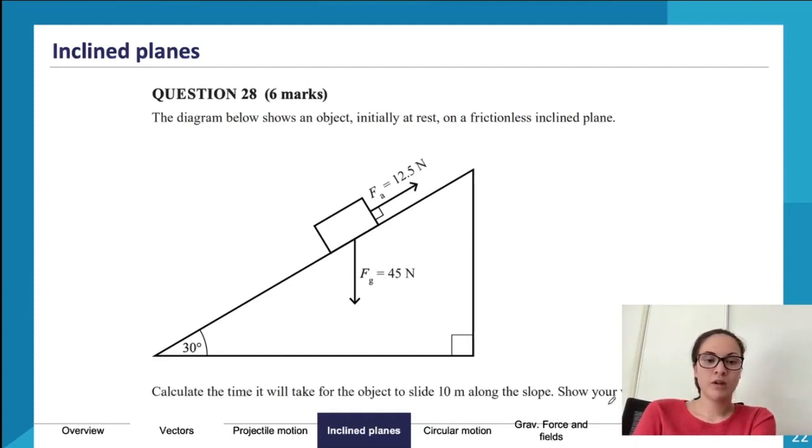So we need to calculate the time it'll take for that object to move 10 meters along the slope. We need to use the force due to gravity to calculate the mass that we're dealing with. We know that the force due to gravity is 45 newtons, but we're going to use that to find out what our mass is. So force due to gravity is equal to mass times gravity.